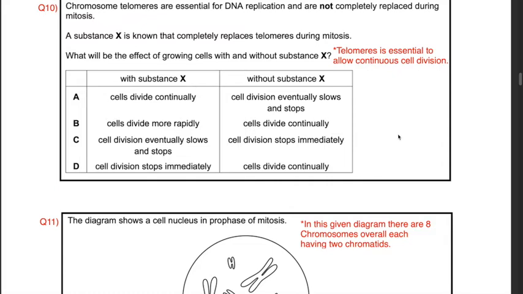Therefore, the answer is A, because only A shows the correct effect of growing cells with and without substance X. The other answers B, C, and D have incorrect effects, therefore are not considered to be the correct choice.